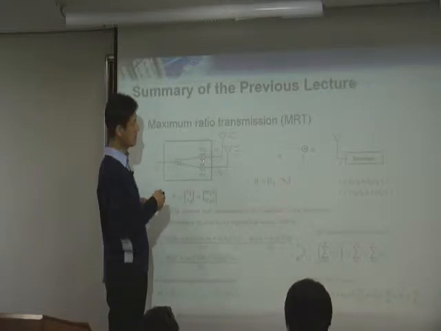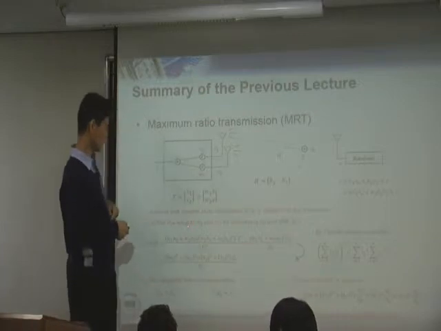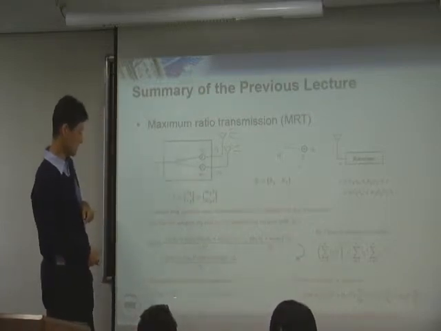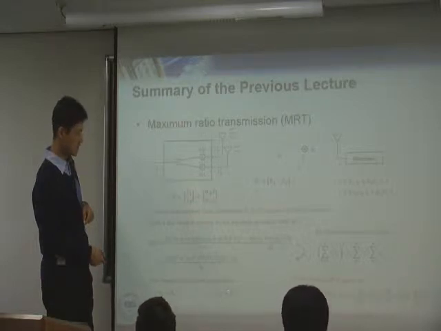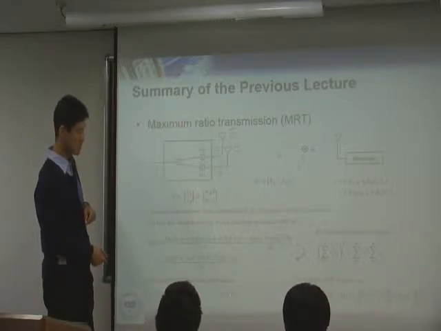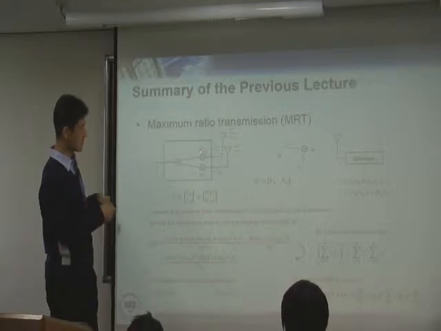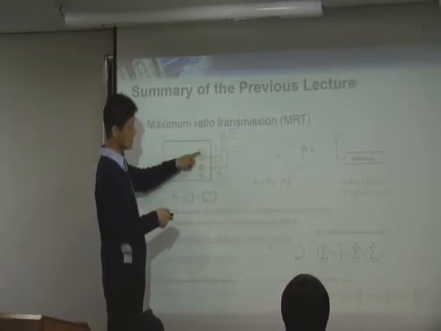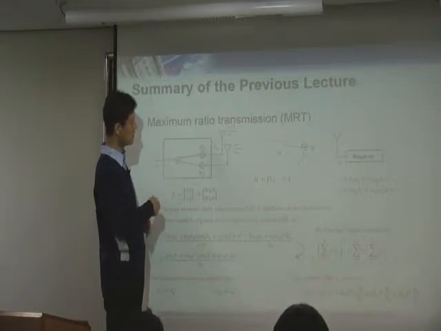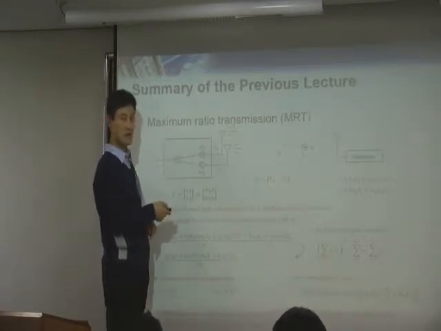You can apply the same thing right here. The optimal omega 1 is H1 complex conjugate, and the optimal omega 2 is H2 complex conjugate. So we get these optimal gains. But in order to apply this in practice, the transmitter has to know H1 and H2, right?